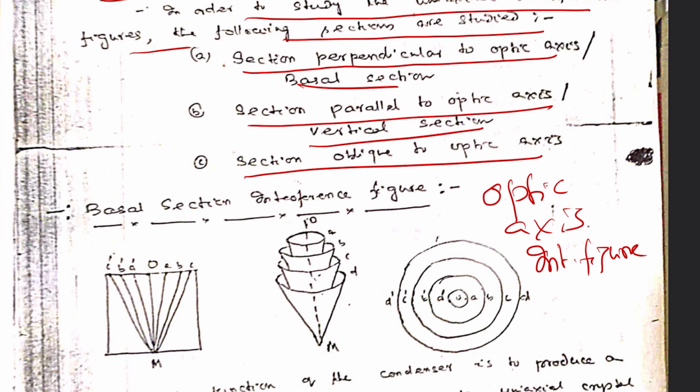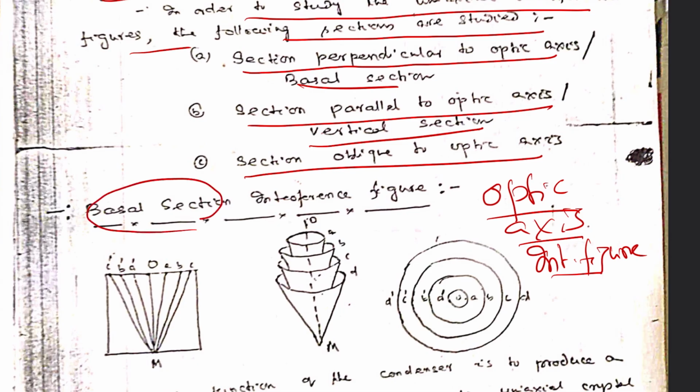Accordingly the name is given. So optic axis interference figure means the optic axis is parallel to the microscope tube, and definitely it will be perpendicular to the mineral section.